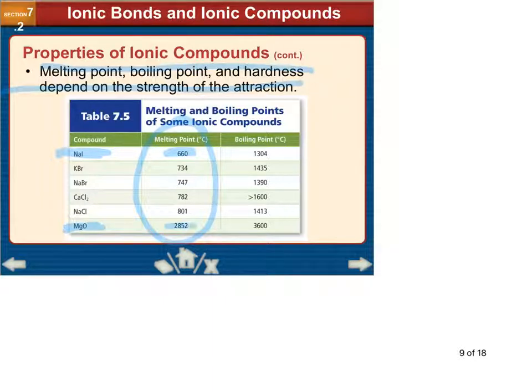Magnesium oxide, extremely high melting point. So it means the ionic bonds in the magnesium oxide are much stronger than in the sodium iodide. Same routine on boiling point: magnesium oxide high, sodium iodide much lower.